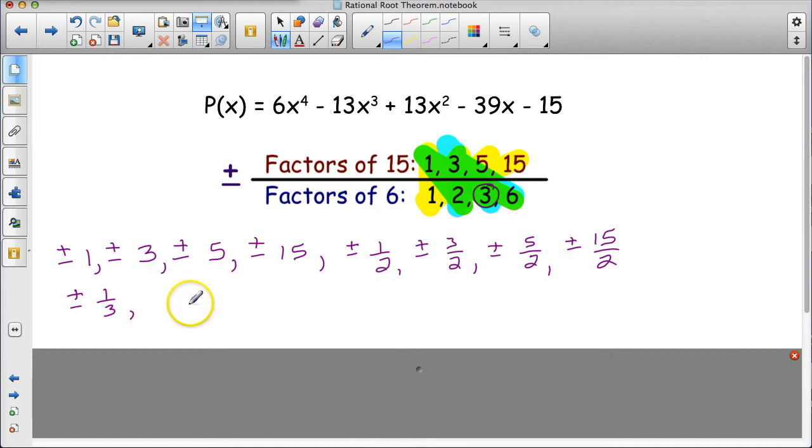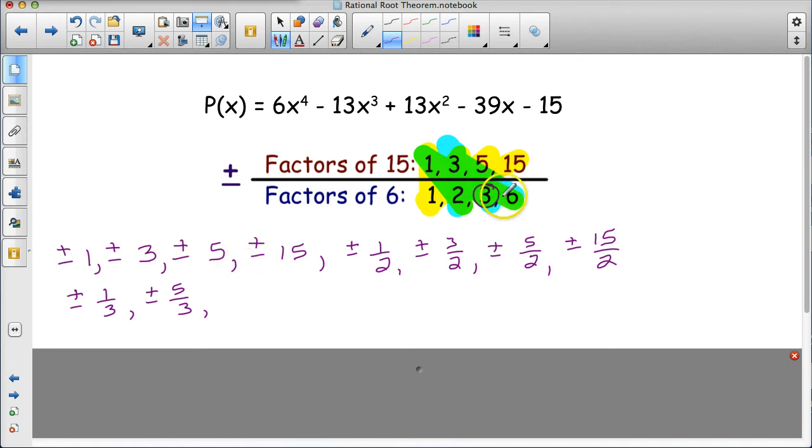But if I did plus or minus 3/3, that's the same thing as plus or minus 1, so I don't have to write it again. Then I go to plus or minus 5/3. That's not a repeat of something that I already have. But plus or minus 15/3 is, because 15/3 is the same as 5. You might want to pause here and replay this part before you move on.